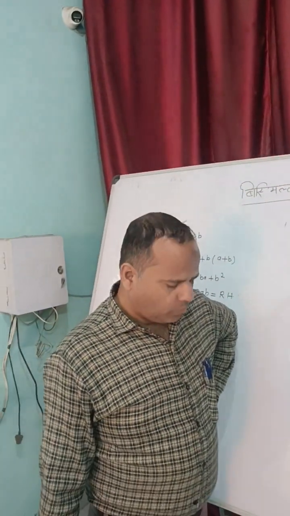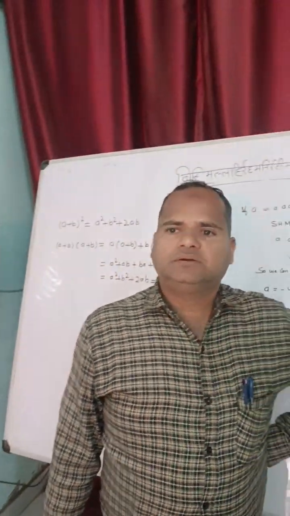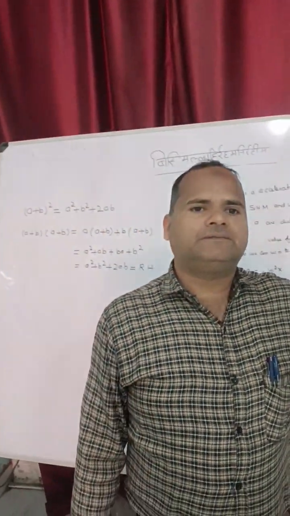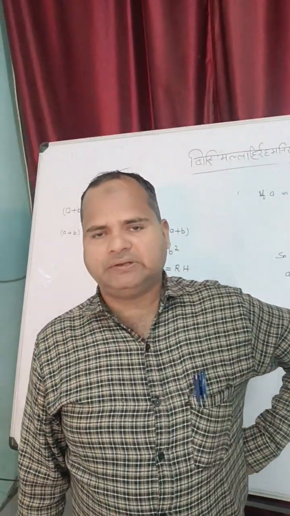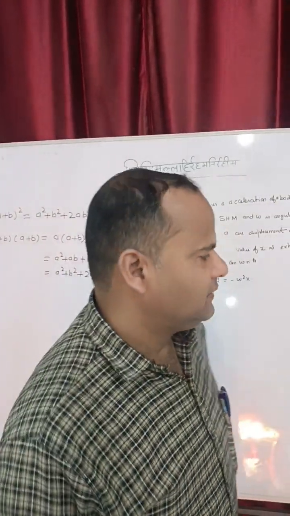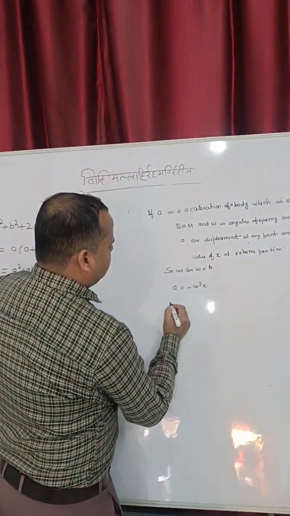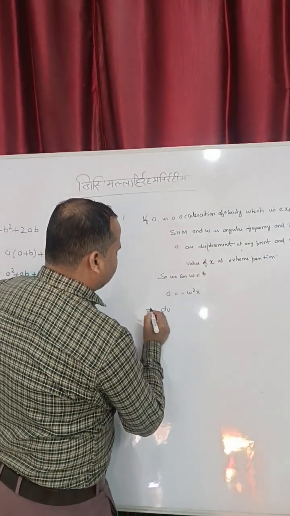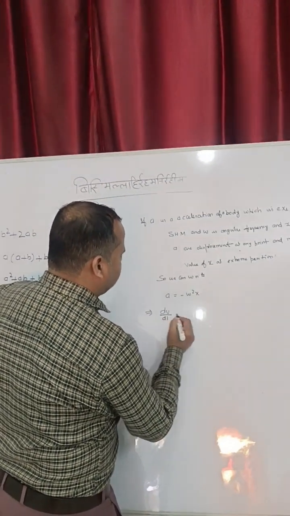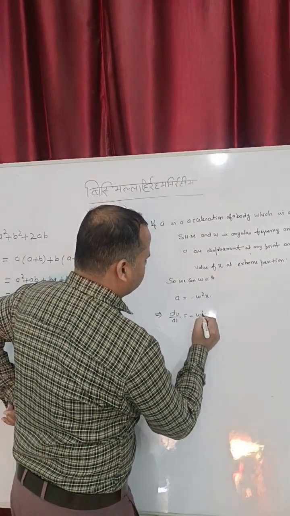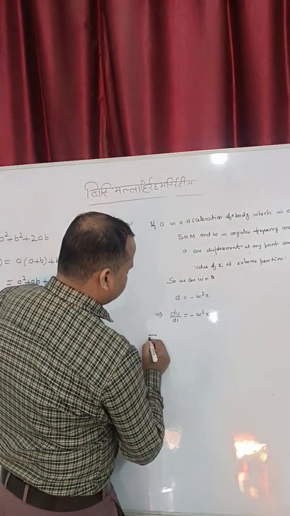To find the velocity, we know that the rate of change of velocity is acceleration. Therefore dv over dt is equal to minus omega square x.